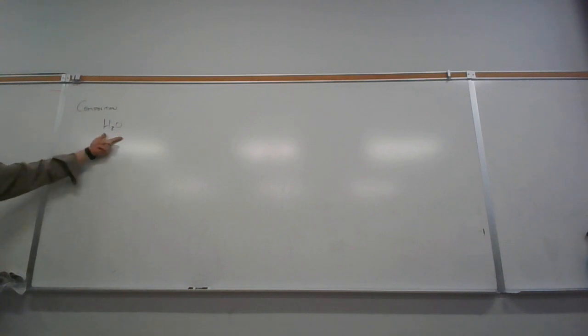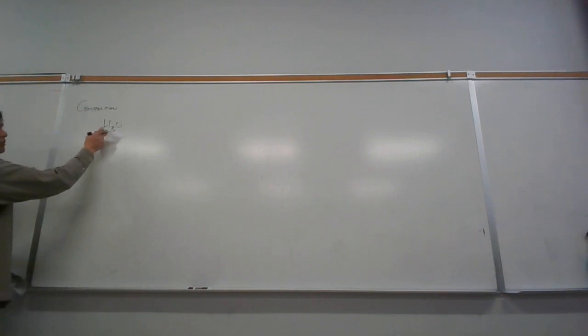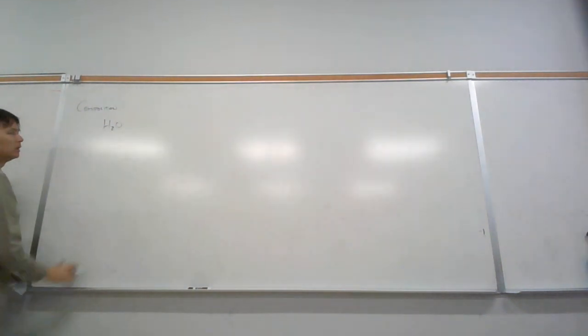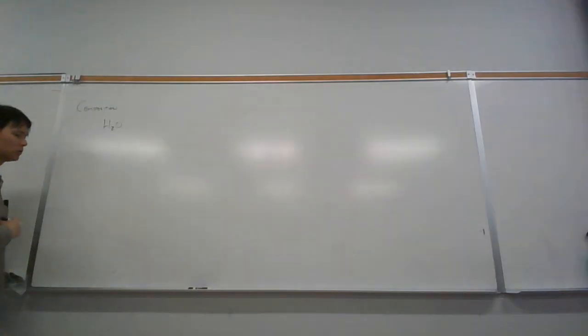Or by atom, it's 67% hydrogen, 33% oxygen. But we don't usually do that, we just write the formula. So it's 2 atoms of hydrogen, 1 atom of oxygen, or 2 moles of hydrogen atoms and 1 mole of oxygen atoms. And so what we want to do is determine formulas.